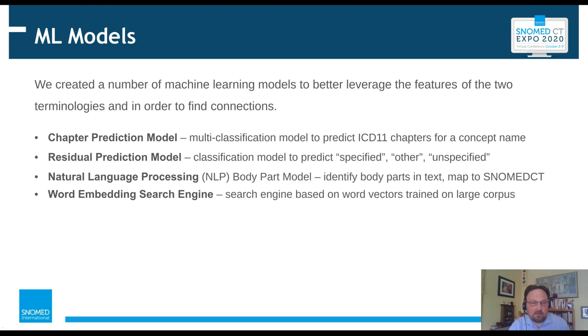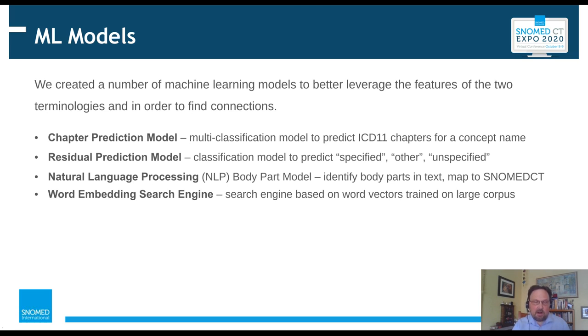To get there, we built 4 machine learning models. The first one we call the chapter prediction model. It essentially was trained off of the SNOMED-to-ICD10 maps and the names of ICD10 and the names of ICD11 concepts themselves, where we did an alignment between the ICD10 and ICD11 chapters to say, given a SNOMED string, it essentially aligns ultimately with this ICD11 chapter via the ICD10 map.